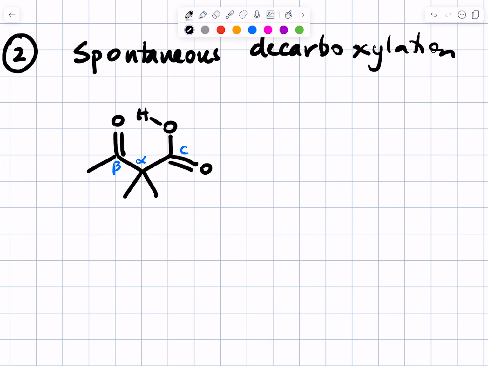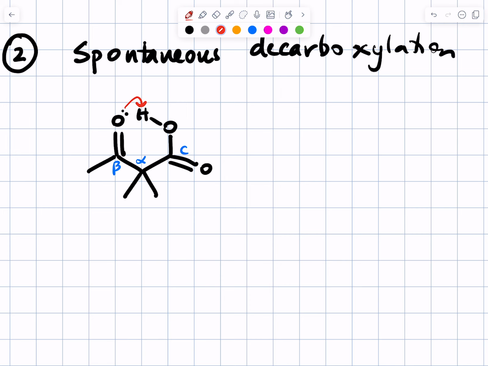And in fact, you might expect that carbonyl oxygen to even be hydrogen bonding with that proton from the acid. And it's not too much of a stretch to imagine, well, what if the carbonyl oxygen on the beta carbon takes that proton entirely?